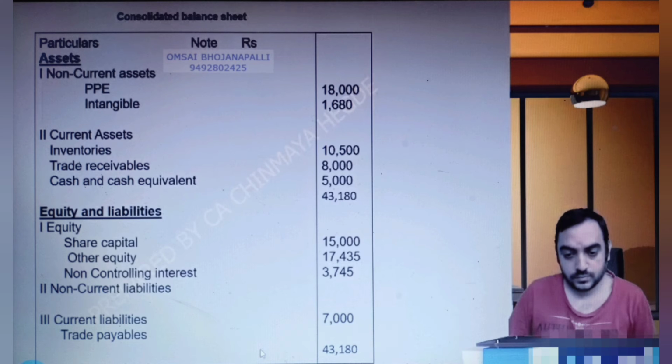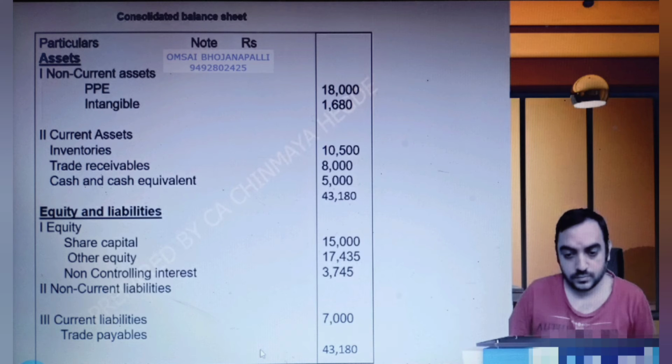P&L accounts of subsidiary as on balance sheet date 6,500. We don't have opening balance, so let's just call it as on the date of acquisition, after acquisition, pre-post. Okay, P&L we don't take 6,500.